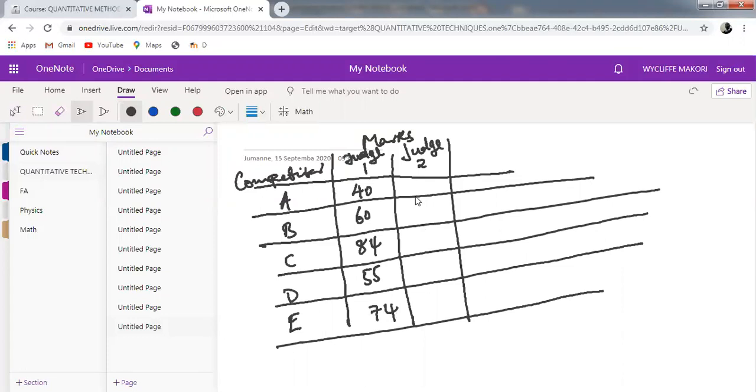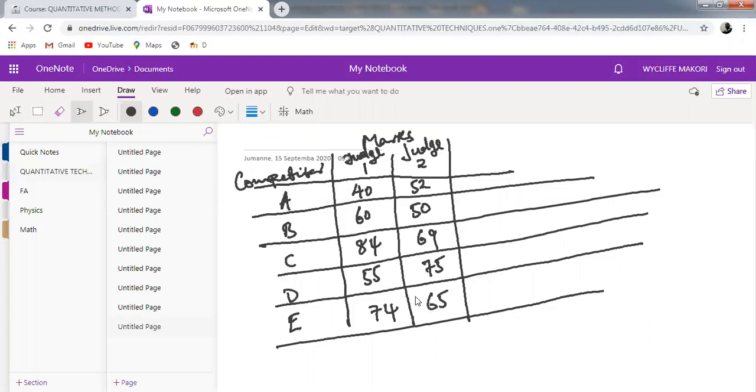According to Judge 2, this one was given, let me start with this, 52. This one was given maybe 50. This one was maybe given 69. This one was given maybe 75. And this one was given maybe 65, like that.